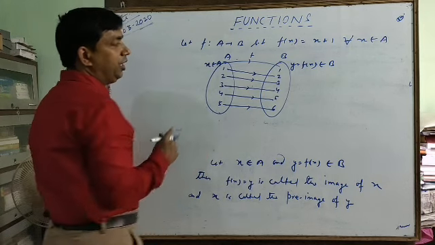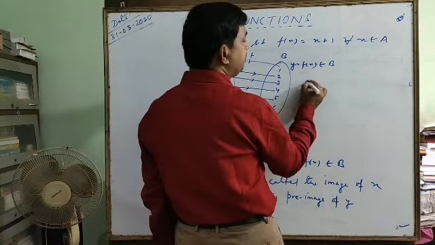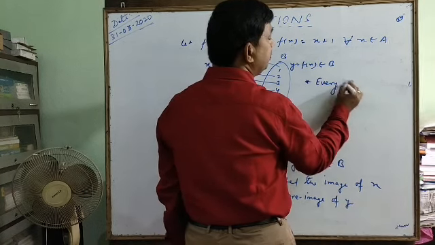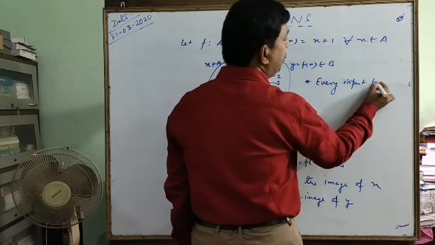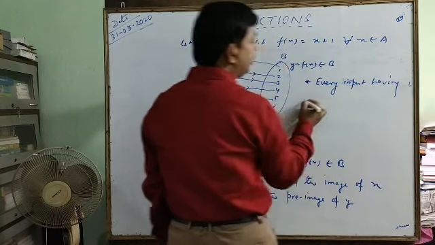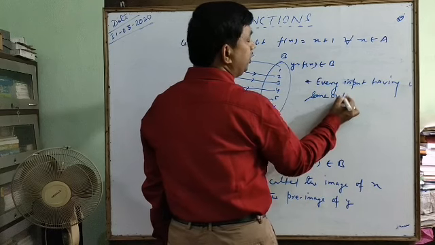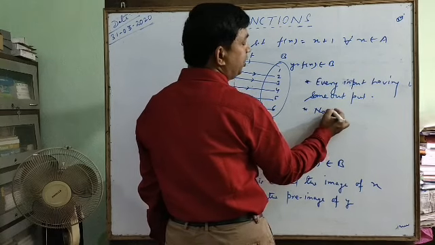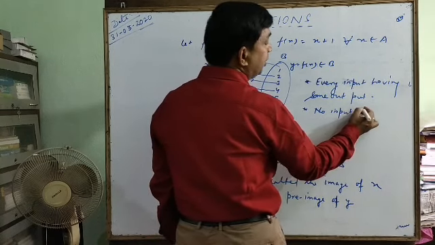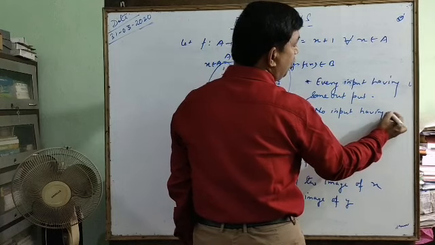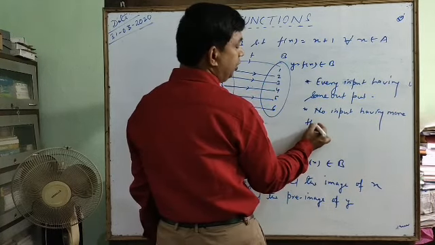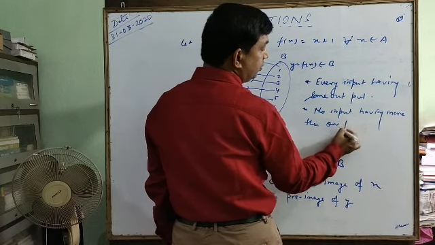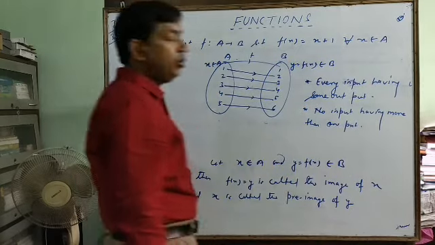So the two important conditions are: number one, every input has some output, and number two, no input has more than one output, because the output is always unique.